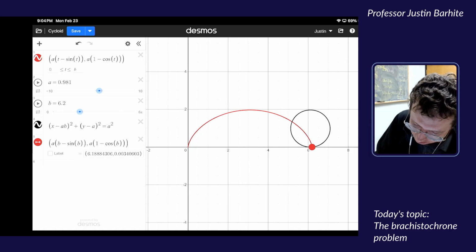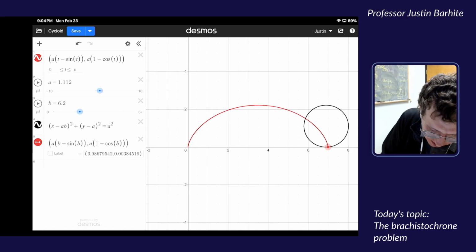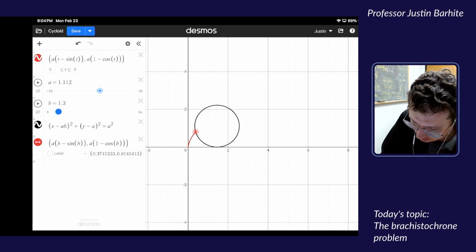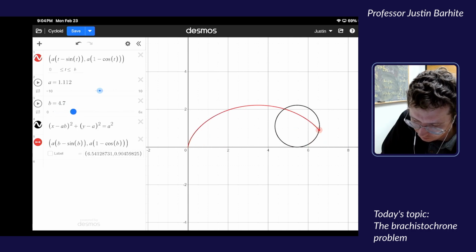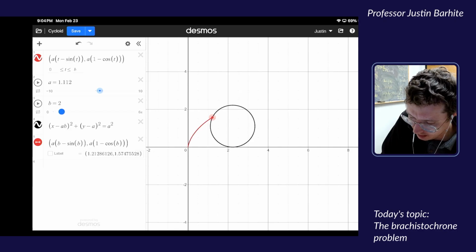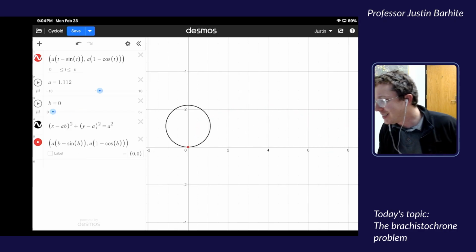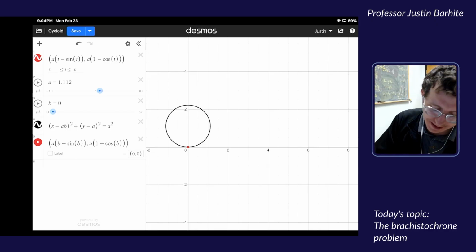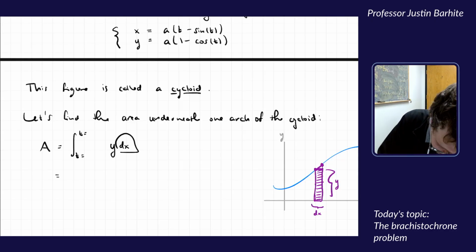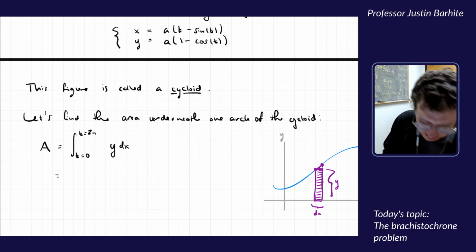Also, the t value here is representing how far the circle has rotated. So one full rotation, it's actually closer to 6.28. And in fact, one full revolution of that circle, that's 2 pi.